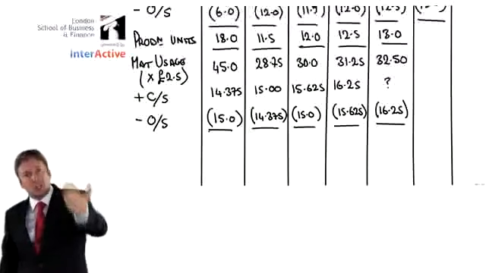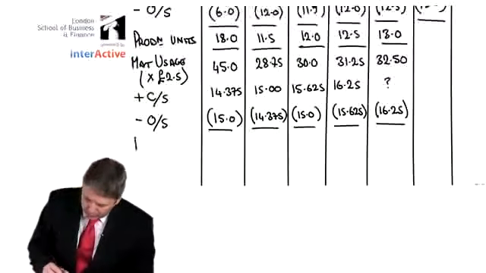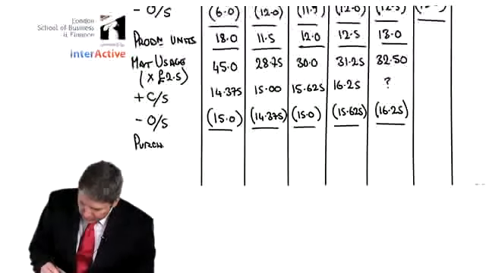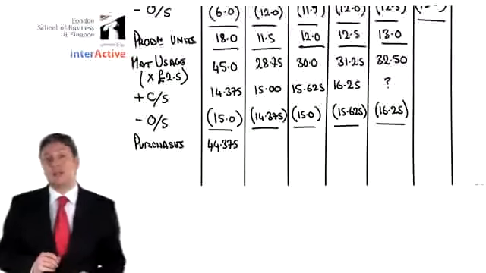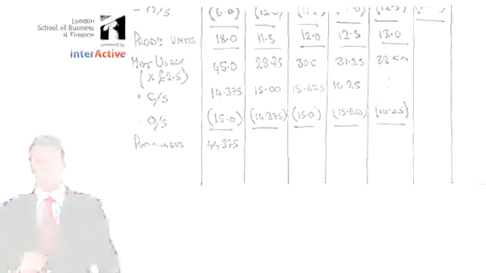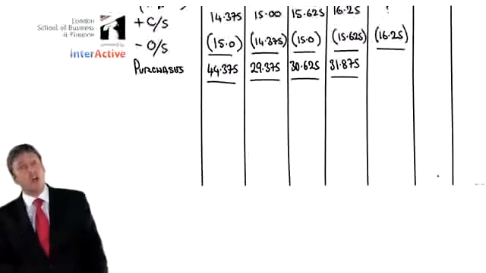Add the closing stock, take away the opening stock. We can now establish our purchases. $44.375 and so on. Well, okay, we've got our numbers in.